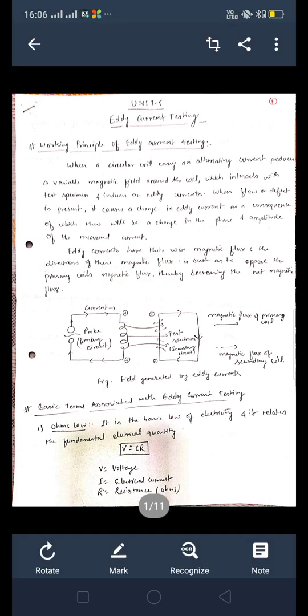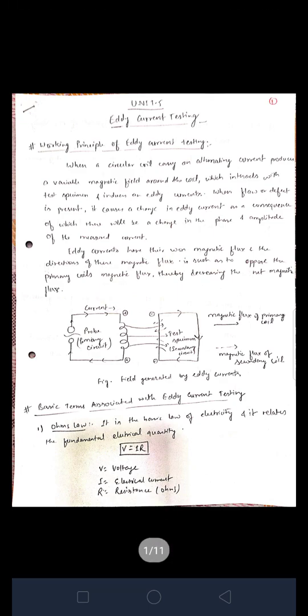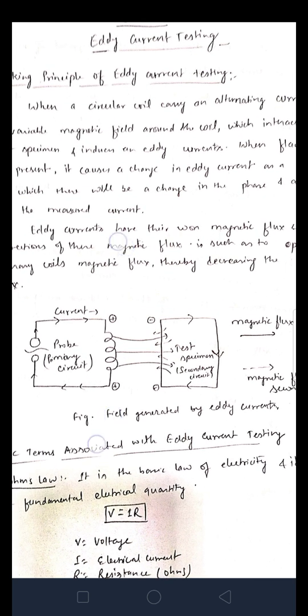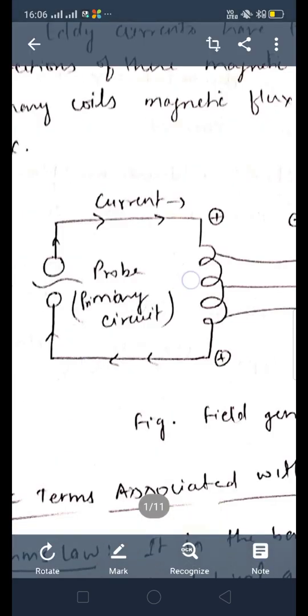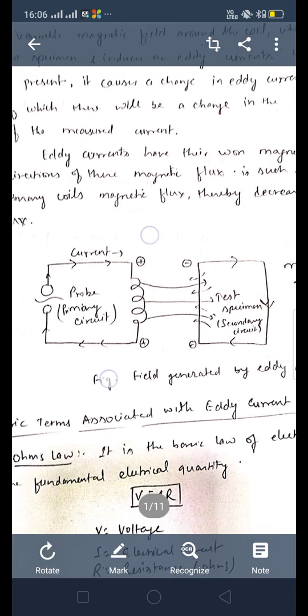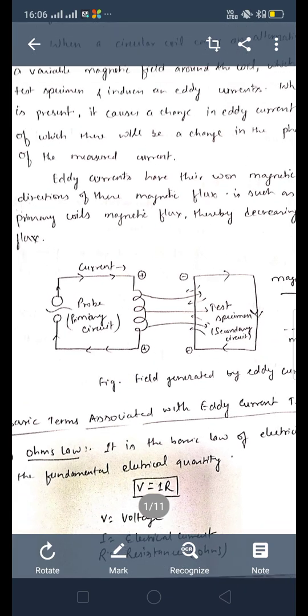Further, the eddy currents have their own magnetic flux, and the direction of their magnetic flux is such as to oppose the primary coil's magnetic flux, thereby decreasing the net magnetic flux. See the diagram here. The first one is the primary circuit, and the second is the secondary circuit.